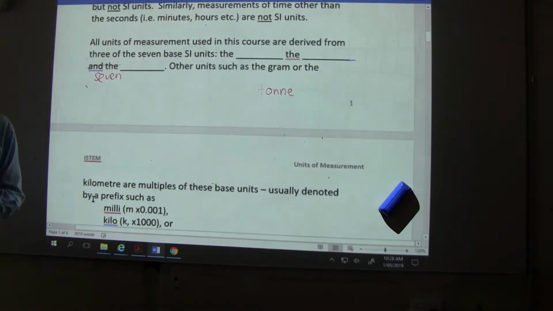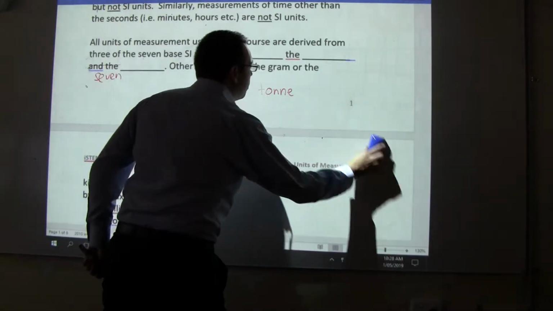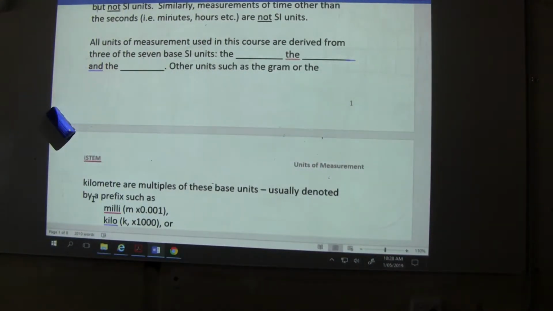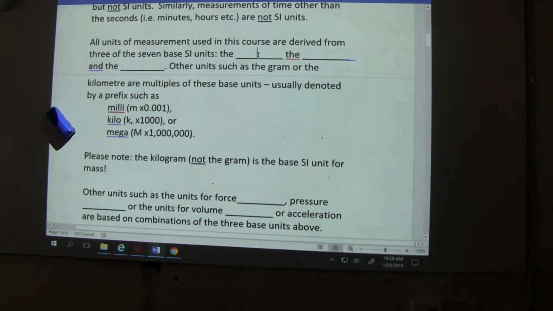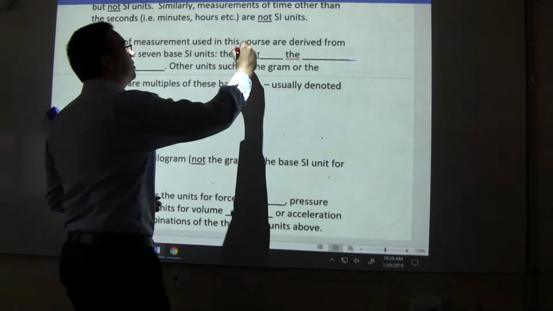All units measured in this course derive from 3 of the base SI units, which I just said. Can anyone remember? I circled them. KMS units, we sometimes call them. What's the one for distance? Meter, thank you.